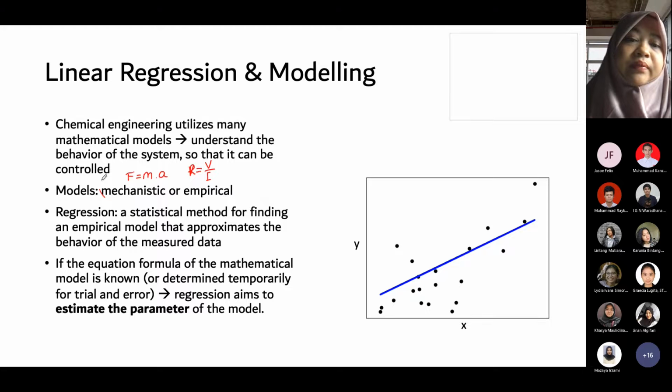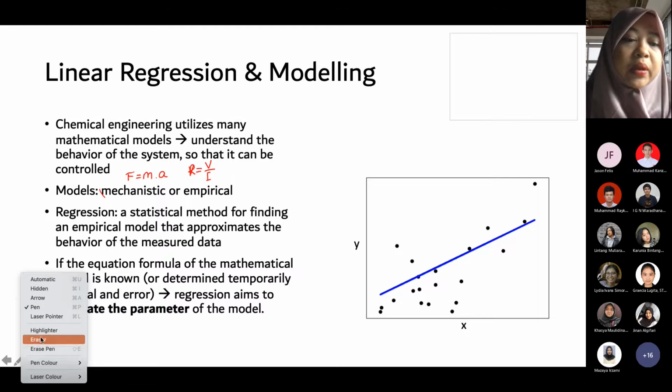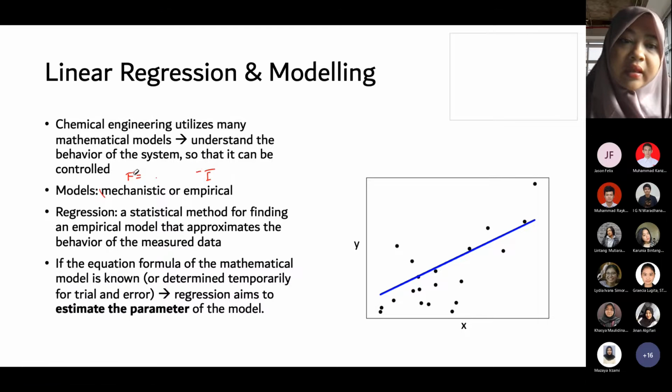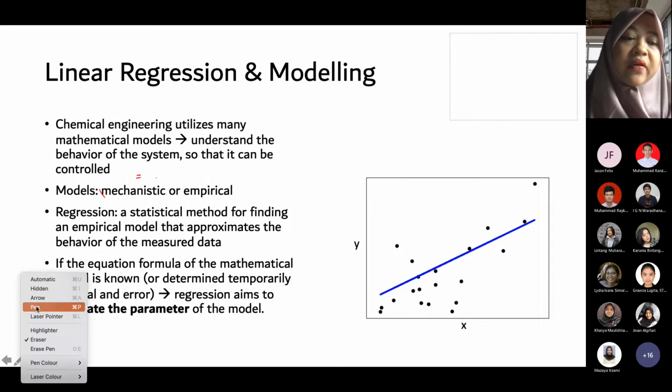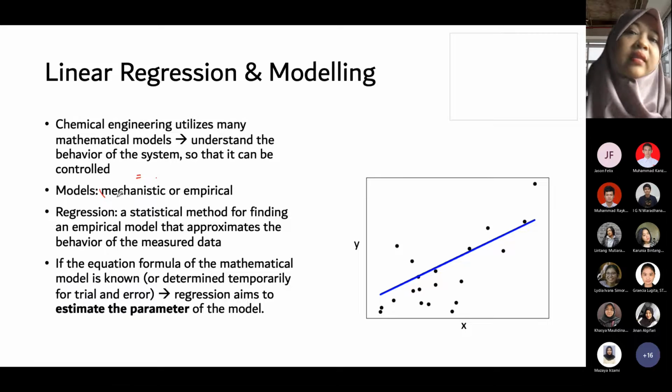So that tells you about the mechanistic models, in which we know the mechanism of the physics in it.